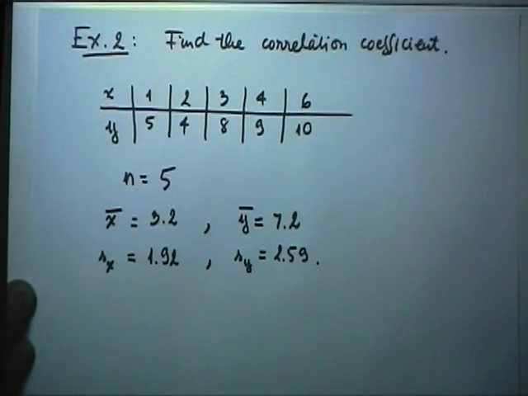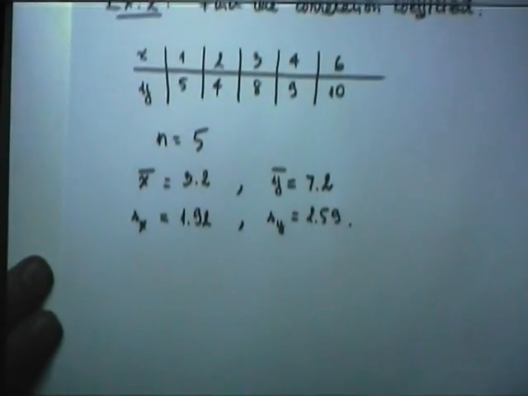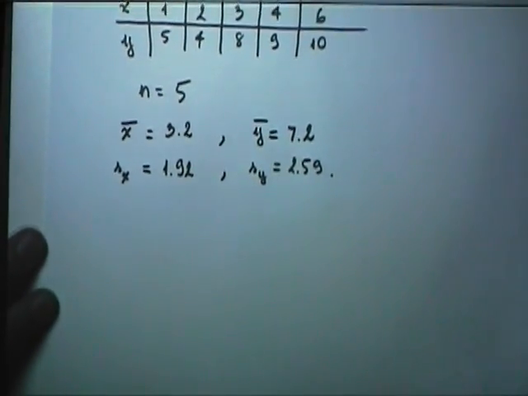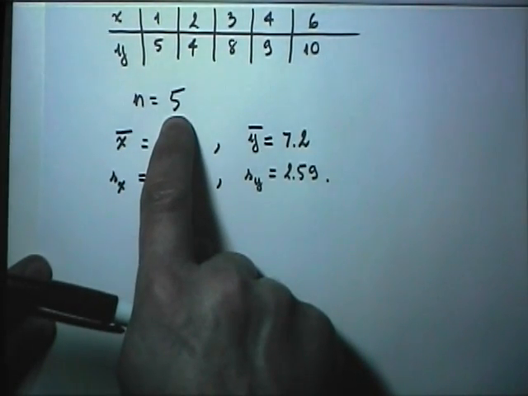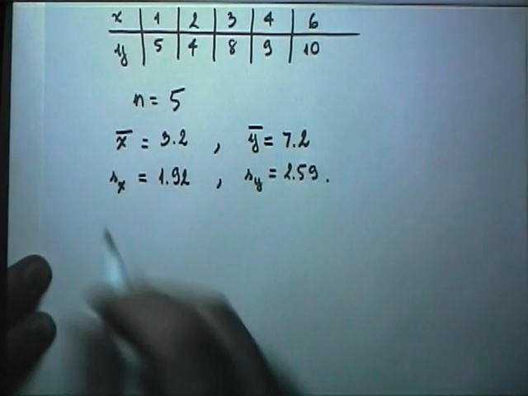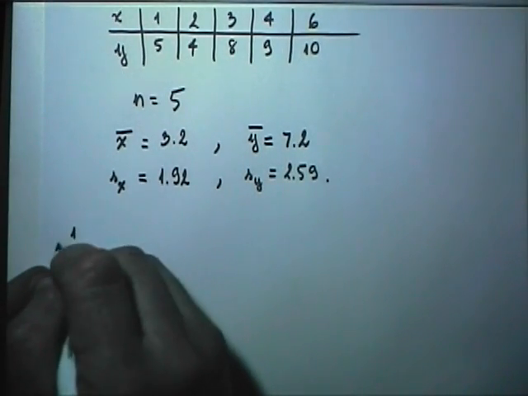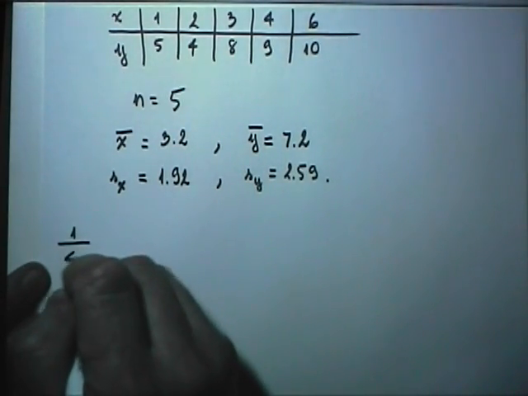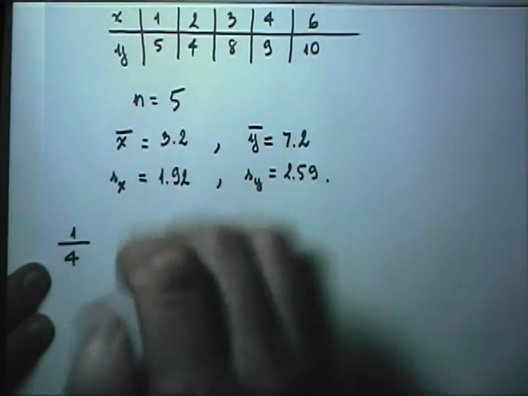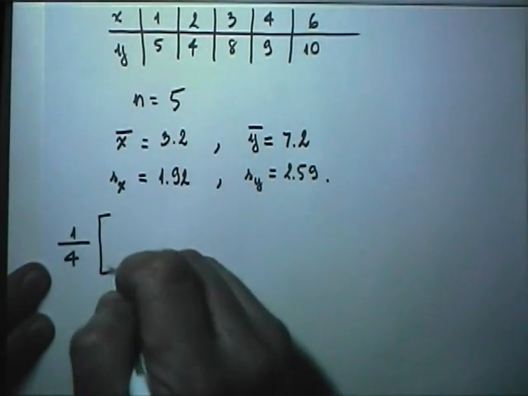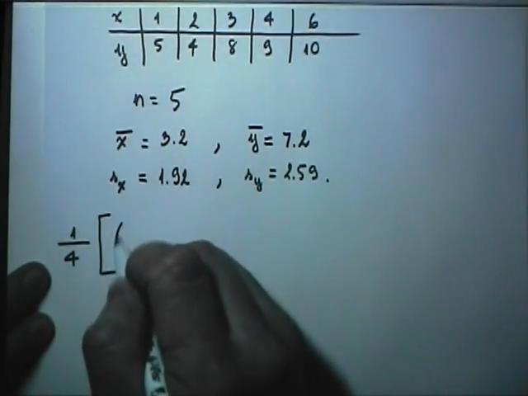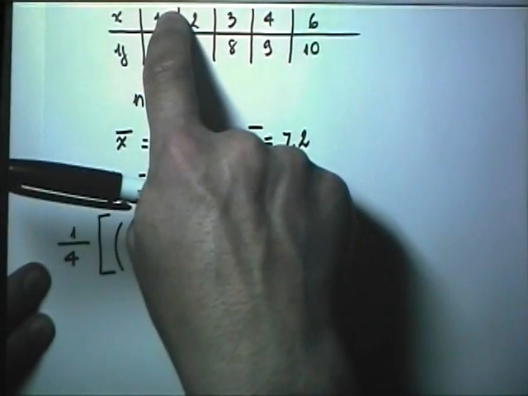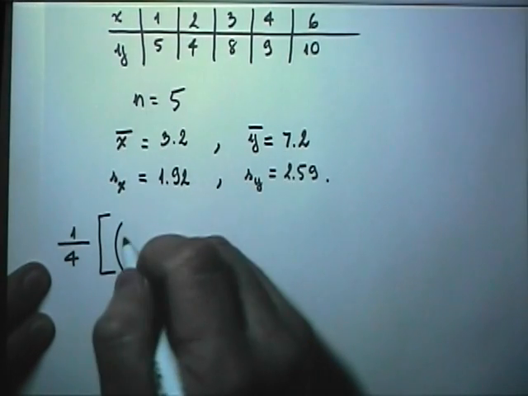And so once again, the way to find the correlation coefficient: I have 5 total data items, so what I have to do is 1 over 4, because it's always 1 less than 5. Then I open square brackets. The first item is my first x data, which is 1.